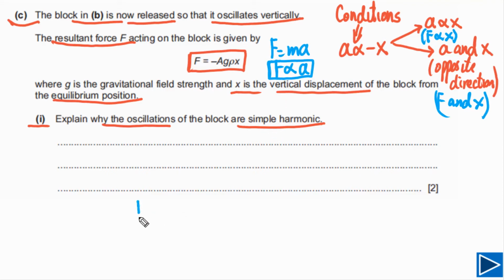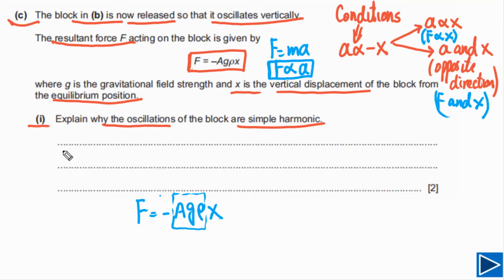Now if you look at the given equation, F is equal to negative AGρ times x. In this case, these quantities are constant. The cross-sectional area A of the block is constant, g is constant, and ρ, the density of the fluid, is constant.